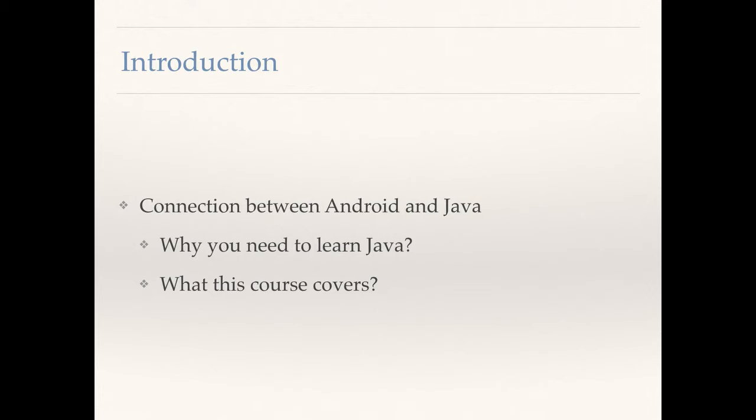So Android is basically an extension of, or is fully based on, Java, which is why understanding the basic concepts of Java is very important, because Android programs are basically nothing but Java programs. Without understanding the basic concepts of Java or the object-oriented programming methodology in Java, it would be really difficult or sometimes impossible to grasp the concepts of Android, which is why we're going to go through the basic concepts of Java. That's what this course covers.